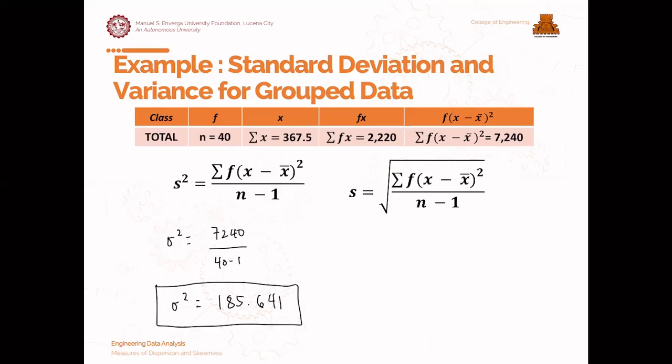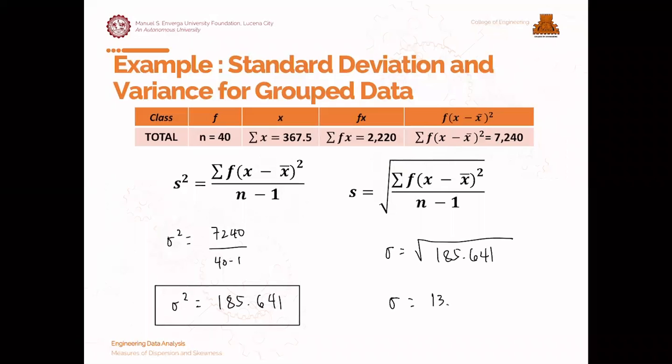Okay? Then, of course, our standard deviation is again just the square root of our variance. So, value natin will be 13.625. Okay? Clear tayo dun sa first version para sa grouped data.